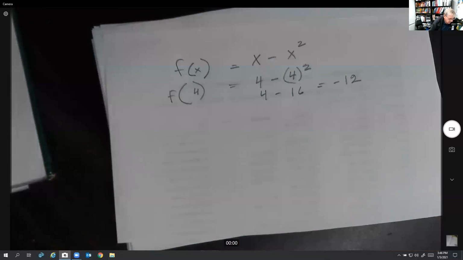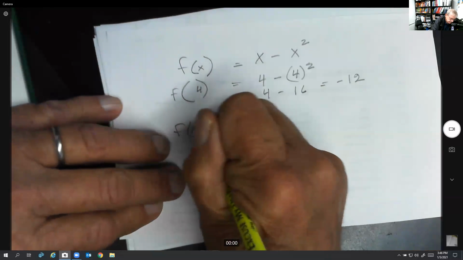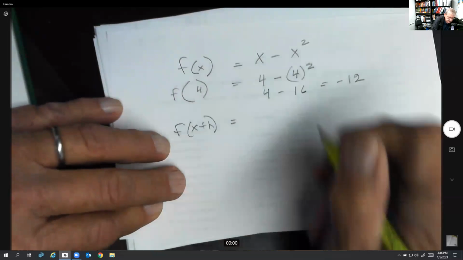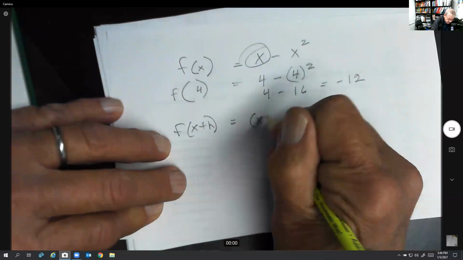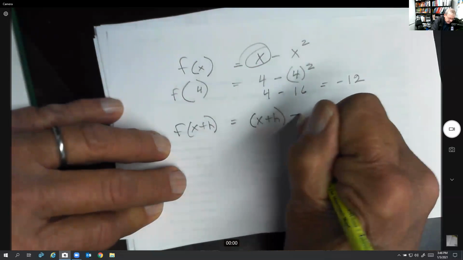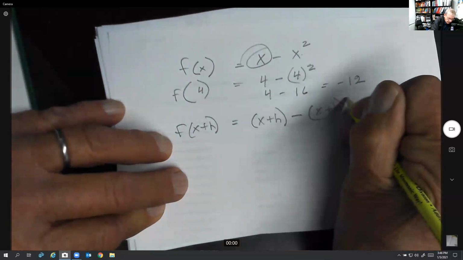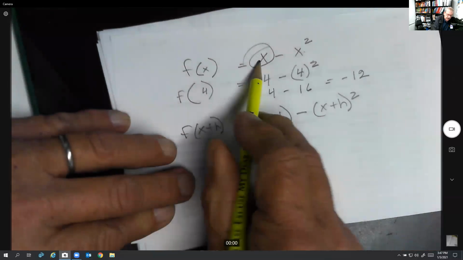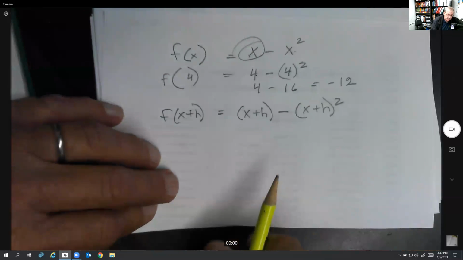Pretty simple. Okay, now we're going to put in our x plus h. So this is x plus h. We're replacing that with x plus h, minus x plus h, squared. So we're putting the x plus h into each one of these variables, just like we did before, but it looks a little strange.